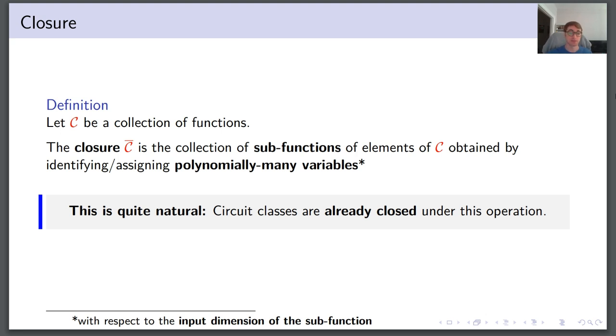This just means the input dimension of the subfunction and the function it's a subfunction of are polynomially related. And this is actually a very natural operation. Circuit classes are already closed under this operation because circuits are closed under rewiring. We allow the input gates to be connected up to the first level gates arbitrarily.